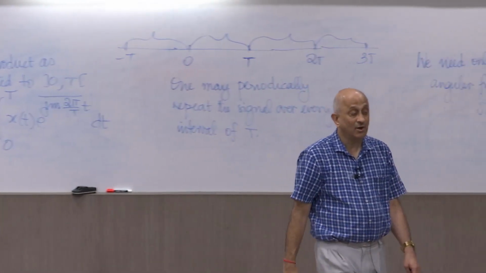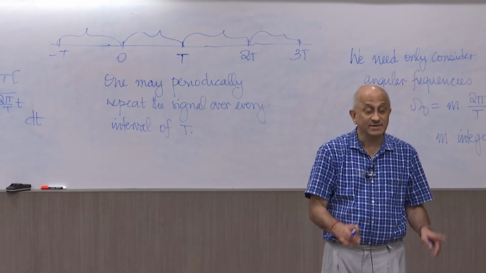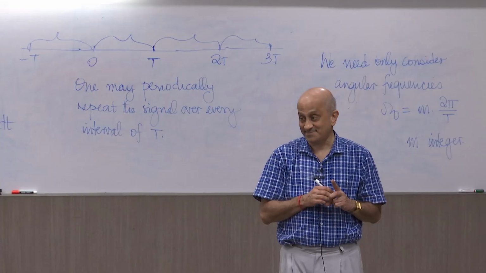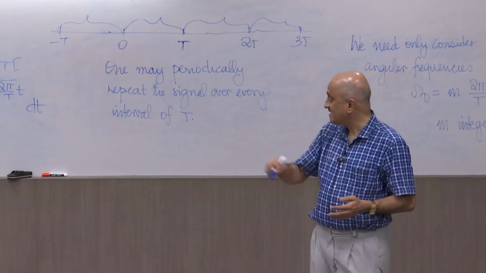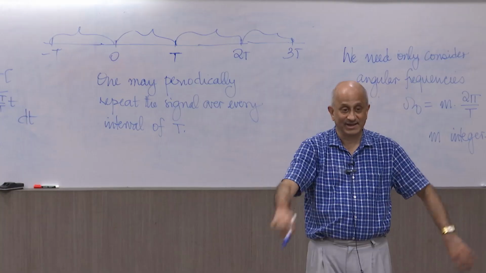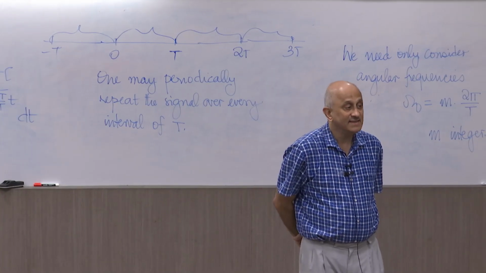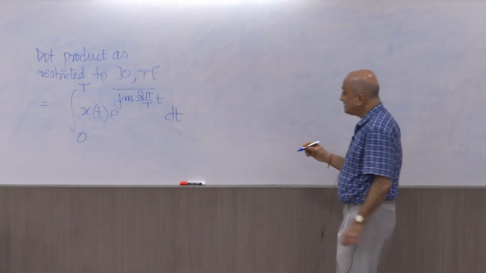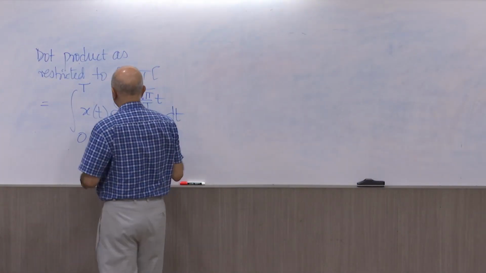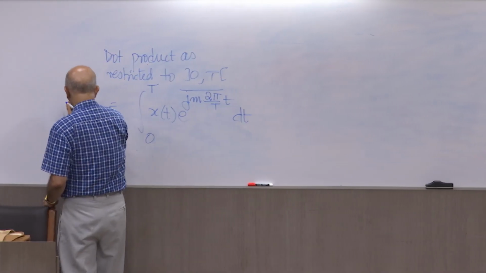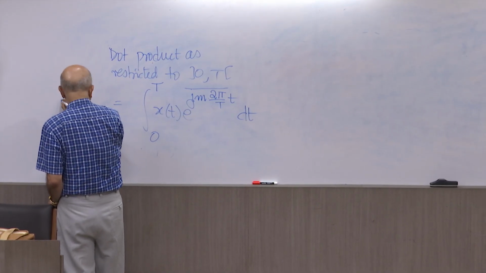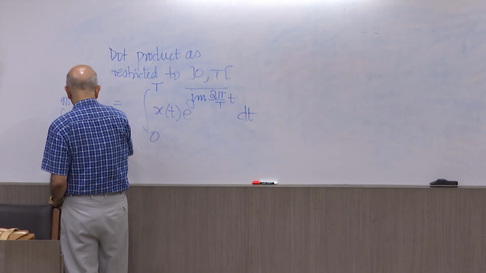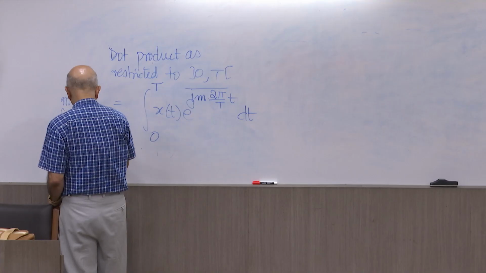You remember why we took the complex conjugate? Because we wanted the inner product of the vector with itself to be a magnitude squared, right? So is this clear now? This is a new kind of dot product. You're restricting the interval only between 0 and t. So this is the component, let's call it the mth component of x(t).